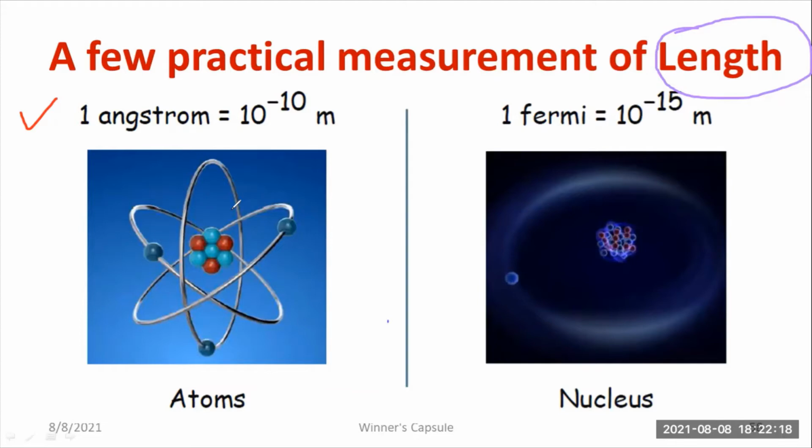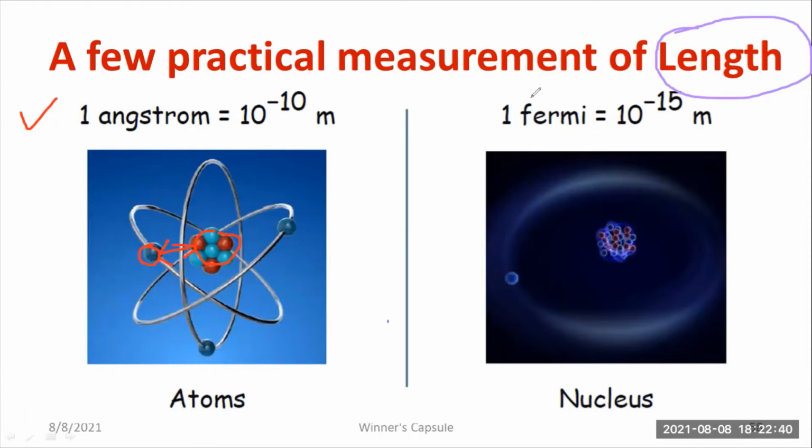This will be really helpful for atomic physics. For example, the length between the nucleus and the electron. How to calculate the length between nucleus and electron? You cannot imagine the length; it will be very tiny. So how do you explain this in terms of angstrom?